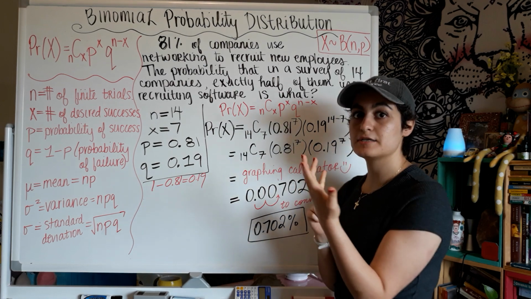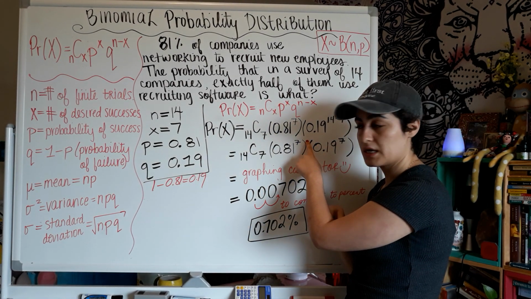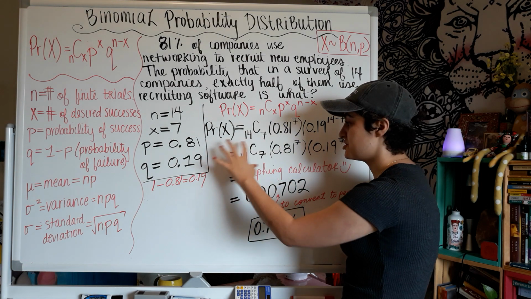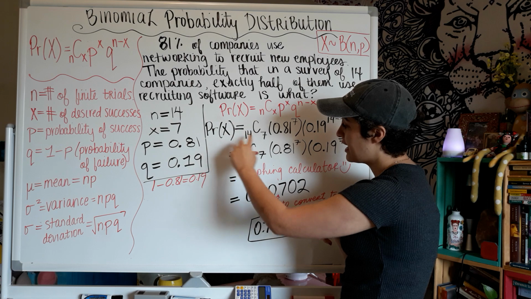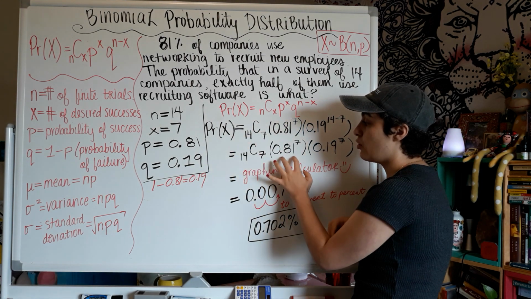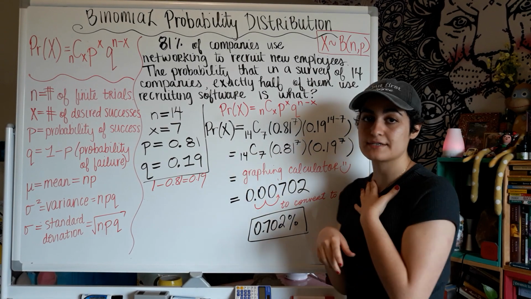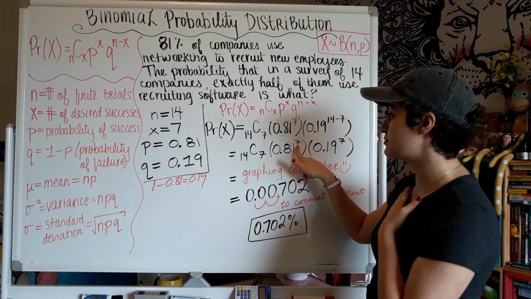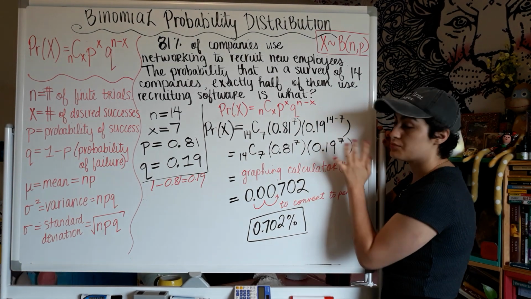If you accidentally place it on the outside of the parentheses, it might take the whole thing and raise it to the 7th, as opposed to just this. Only this needs to be raised to the 7th, not this. So I personally like to put the exponent on the inside. And then 0.19 raised to the 7th.